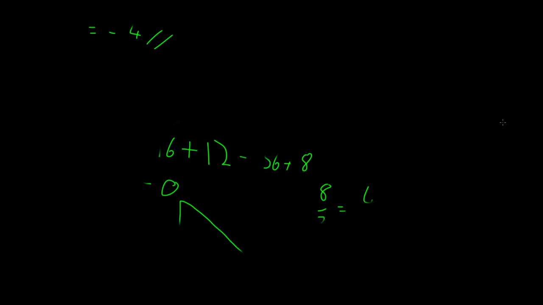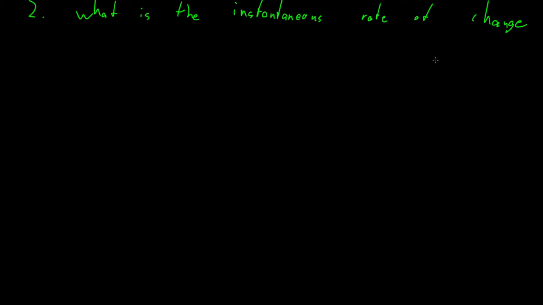Oh, am I going to need that? No, I'm not. Okay, 2b, we can do that. Okay, so 2b is quite similar. It's just saying what is the instantaneous rate of change at x equals 0.